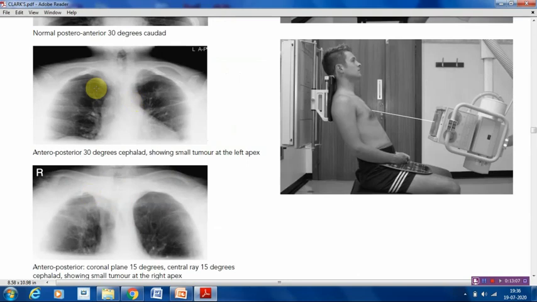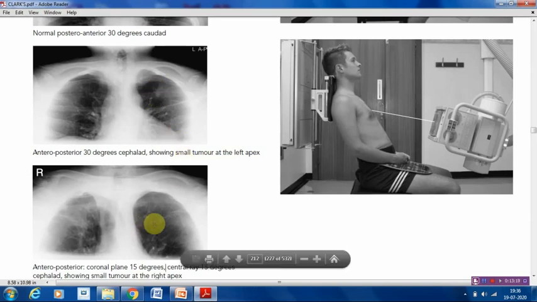You can see in this radiography there is a small lesion here, in the left apex, right? Yes, this is the lesion. In the other radiography, the anterior posterior with 15-degree angulation by the patient and 15-degree angulation by the tube, you can make out the lesions in this area.